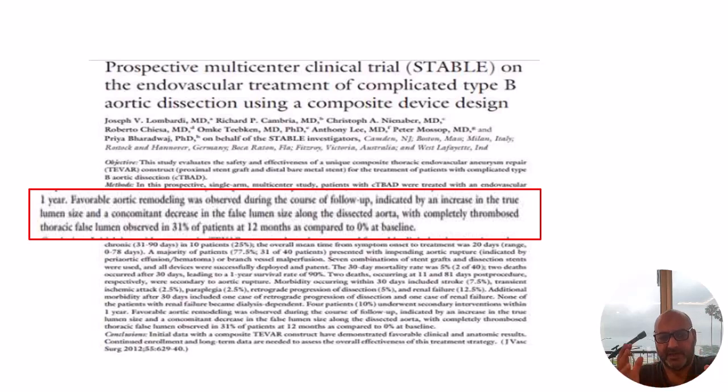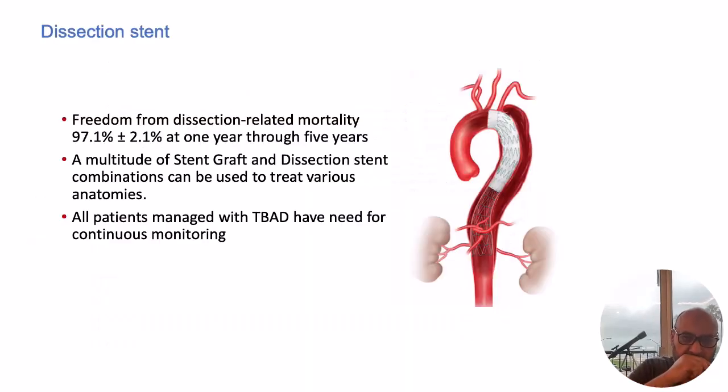The idea is to tack that dissection while it's fresh, so you can remodel the aorta. Here's the example. See the covered portion, and then at the bottom, through the viscerals, it's an open cell stent. And what they found was 97% freedom from dissection-related mortality from 1 year through 5 years.